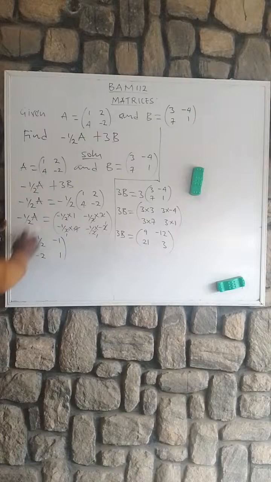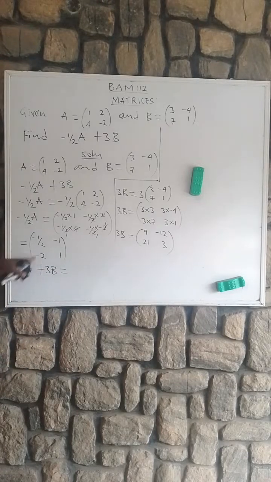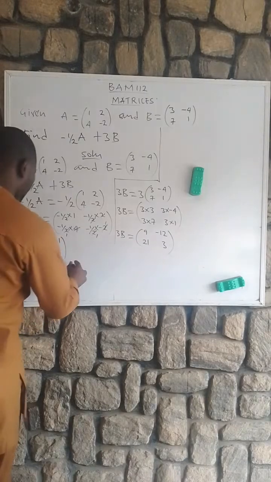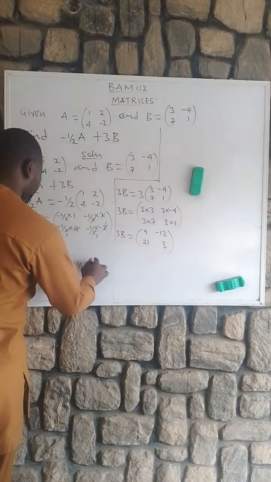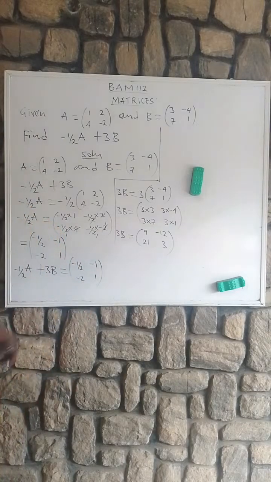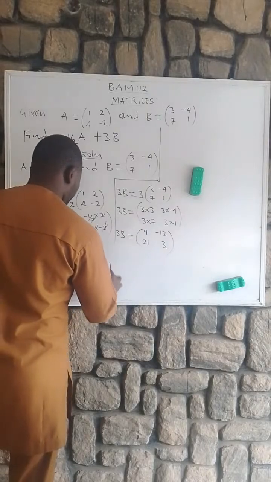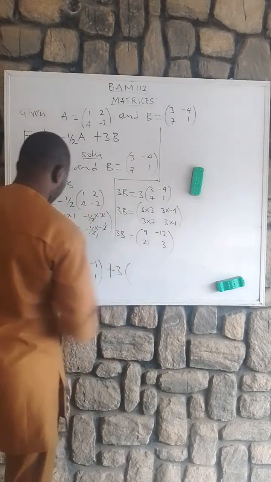Just recall that -1/2 A + 3B will now be equal to -1/2 A, which gives us this, true or false? So [-1/2, -1; -2, 1] plus 3B, which is [9, -12; 21, 3]. Are you following this point?